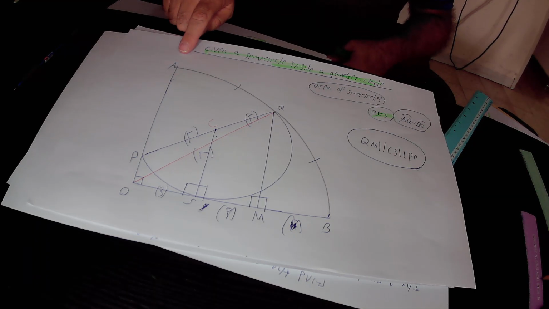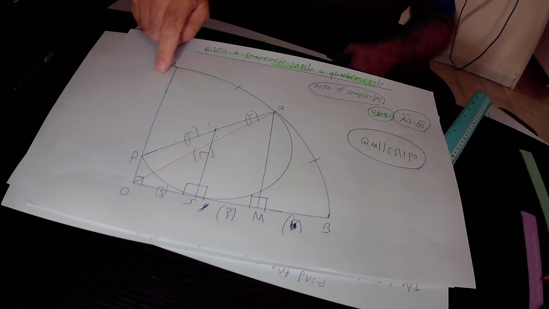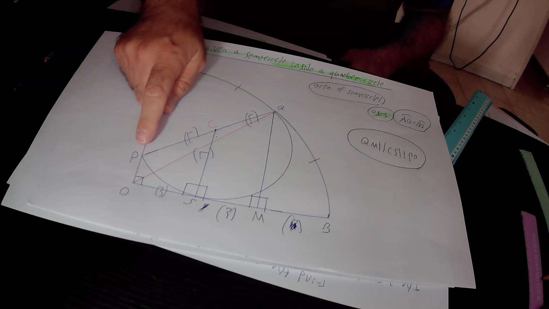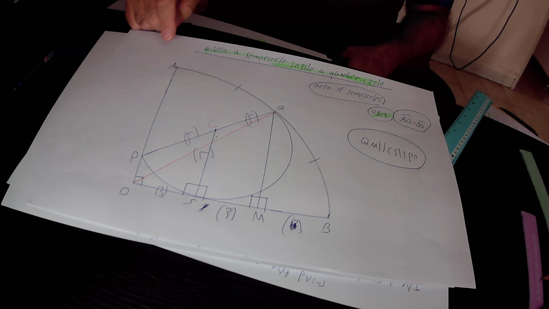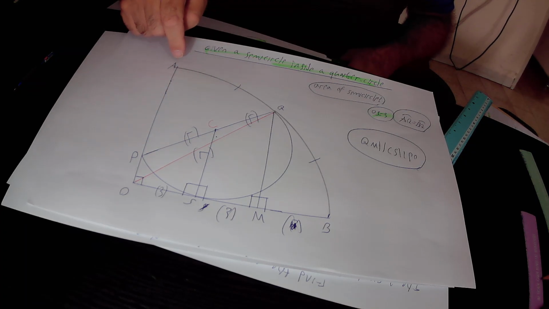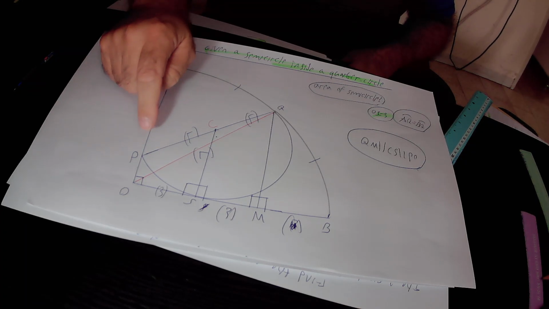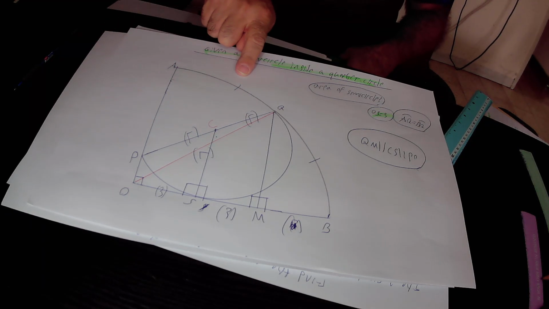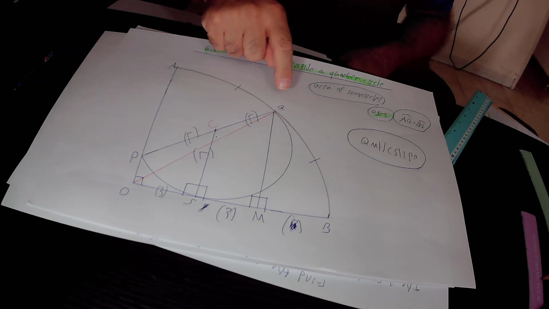Point O is definitely the center of the quarter circle, therefore angle AOB is the central angle. So angle AOQ subtends arc AQ. You can see that angle AOQ subtends arc AQ.